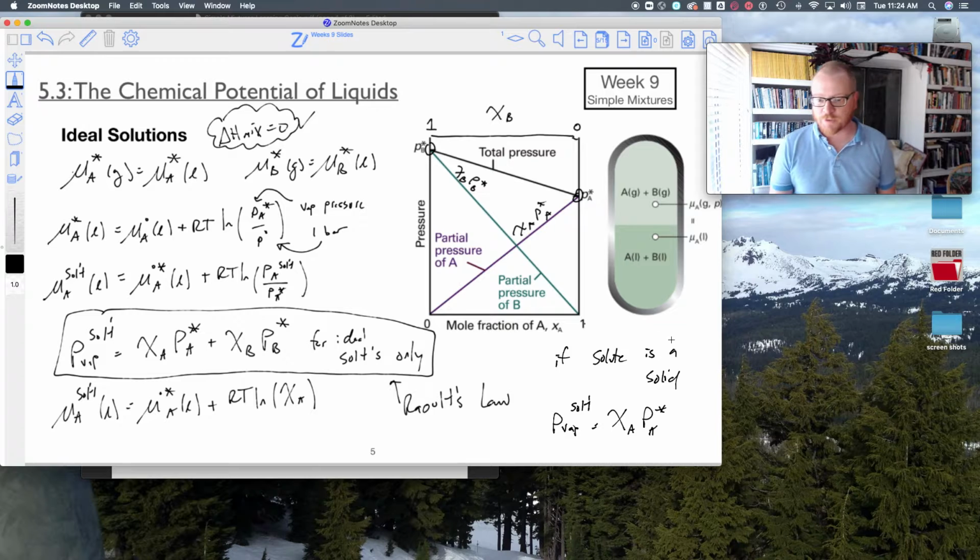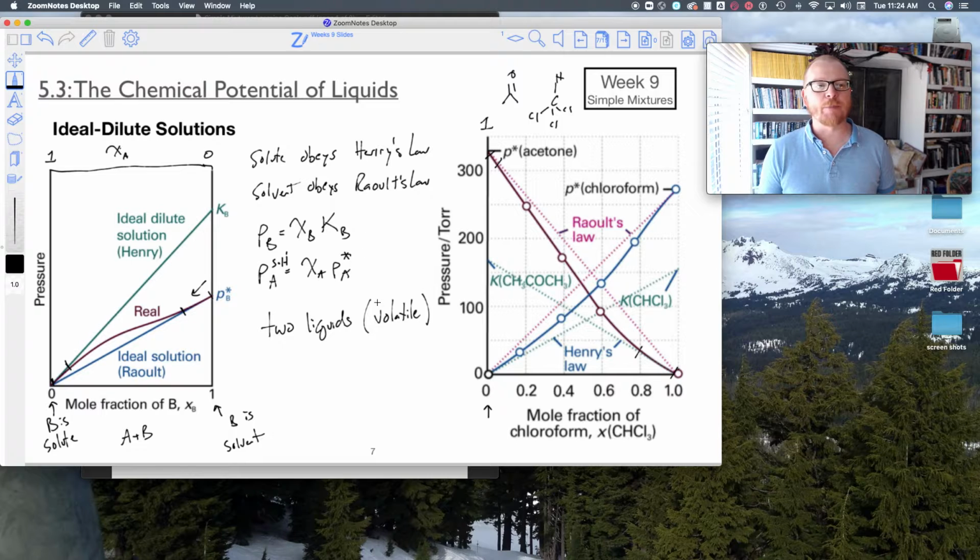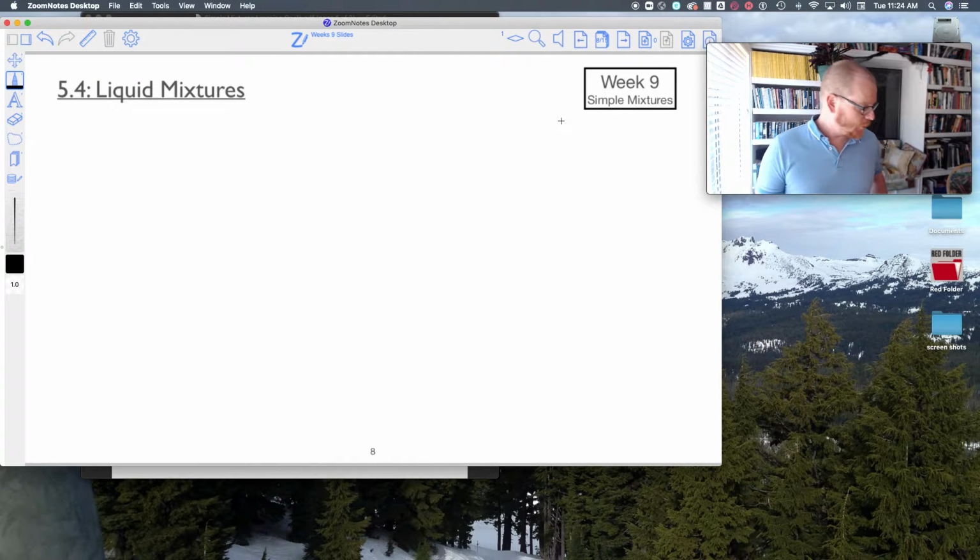Because if the solute is a solid, and we'll call that B, it doesn't have a vapor pressure, okay? So we don't have to worry about it. So this example of ideal dilute solution is really the case with two liquids making a mixture, so two volatile components. Okay, so moving on to liquid mixtures.